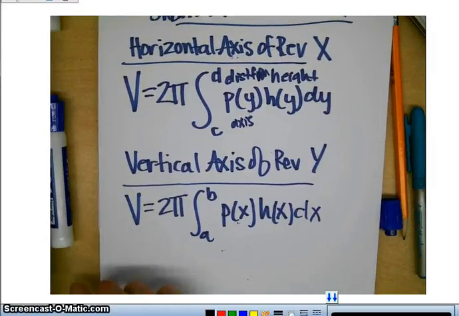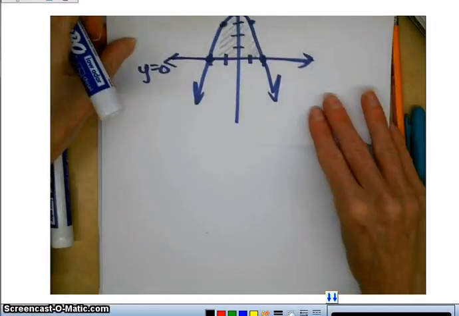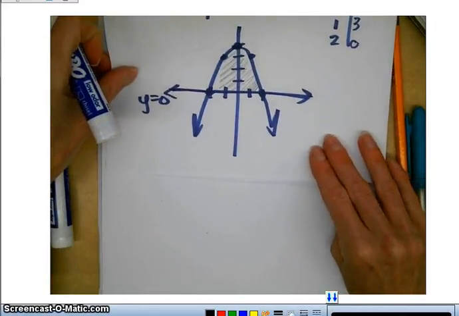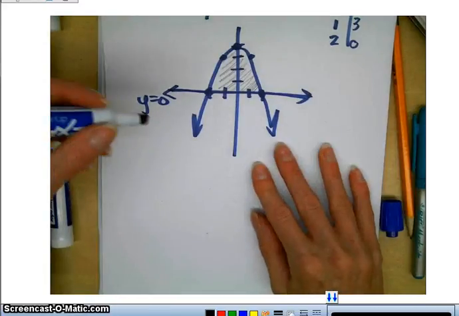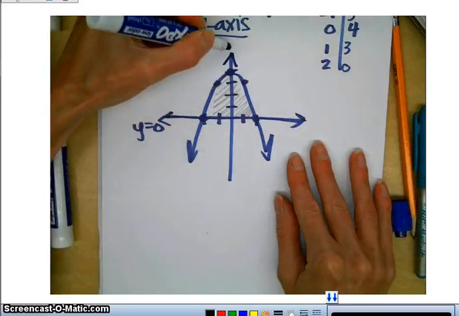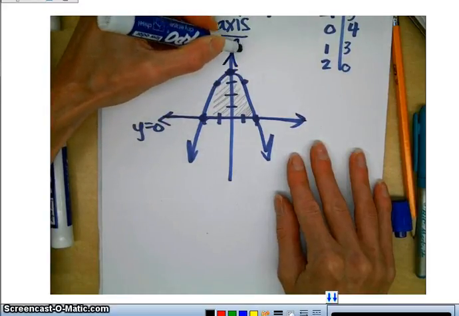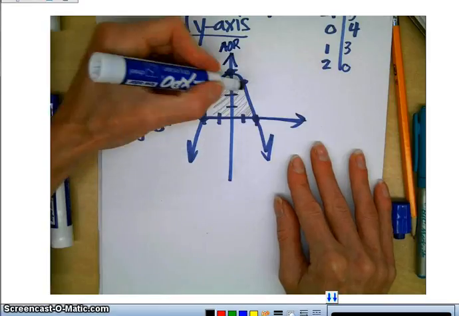All right, so let's go back to the problem that we were looking at, and we wanted to revolve this shape around the y-axis, and our shell is going to look like, if we're going to revolve it around here, this is the axis of revolution. You need to draw the shell parallel to the axis of revolution.